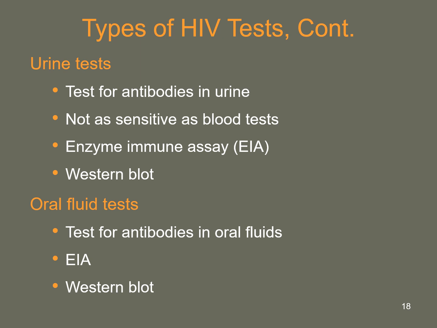Then the oral fluid test, here you test for antibodies in oral fluids. So this is where we use the self-test kit. You test for antibodies in oral fluid. You can also use the enzyme immunoassay, which is EIA, and the Western blot.